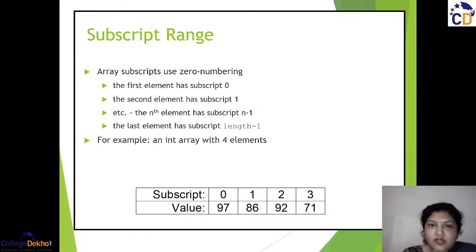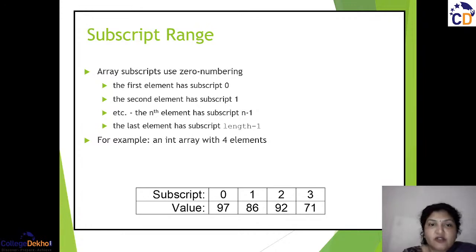Why is it length minus 1? Because it is starting from 0. Right? For example, an int array with 4 elements. So you have the last subscript as 3, so you have the elements 0, 1, 2, 3. This is how we define it.